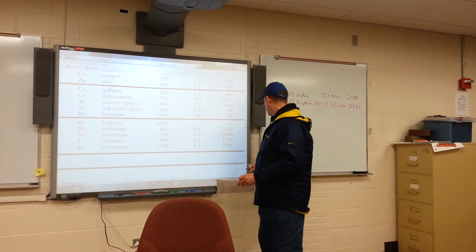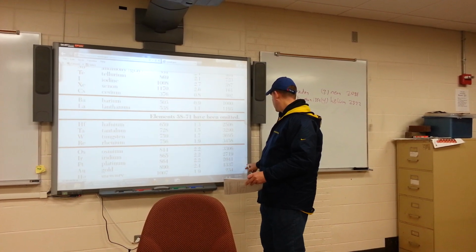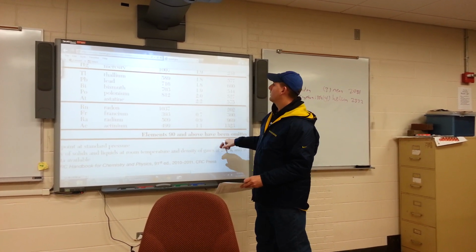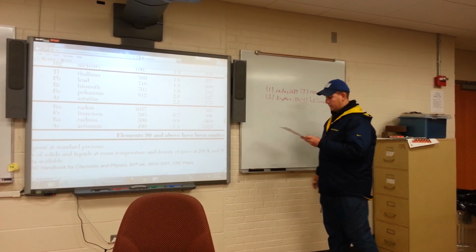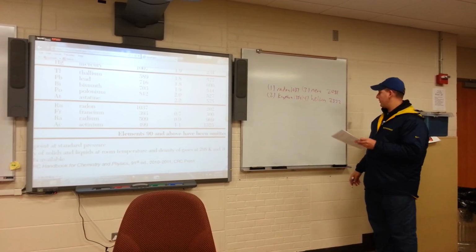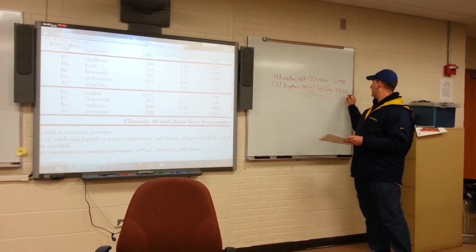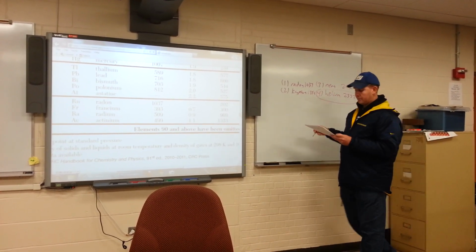And then finally radon, all the way down, 1,037. So which of those 4 elements has the highest first ionization energy? The correct answer is choice 4, helium, 2,372.